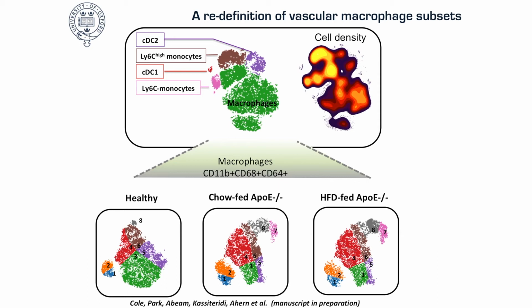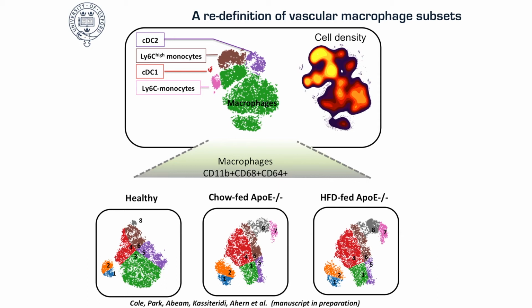So we decided to focus on these macrophages, trying to identify handy cell surface markers which can help us cluster and identify this population of cells, and perhaps in the future sort them and study their biology in much more detail.